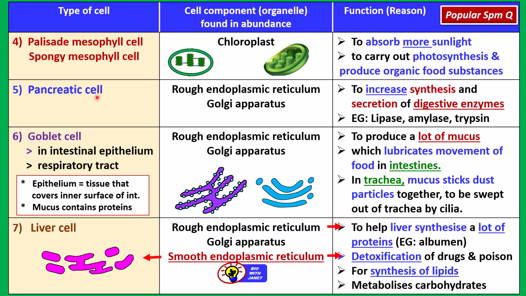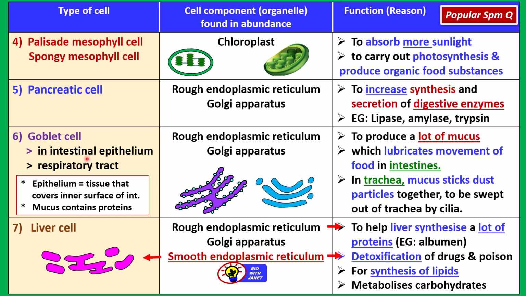Pancreatic cells, which are cells of the pancreas, contain a lot of rough endoplasmic reticulum and Golgi apparatus to increase the synthesis and secretion of digestive enzymes. Synthesis means the production, and then the secretion of digestive enzymes such as lipase, amylase, and trypsin to digest food substances. Okay, because we know the pancreas is involved in digestion of food in the intestines.